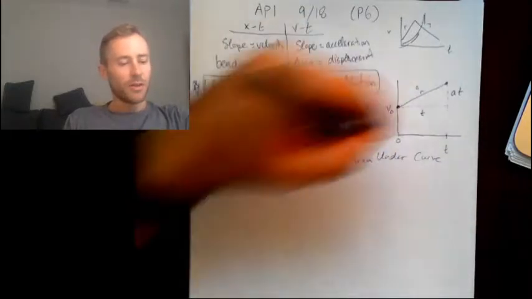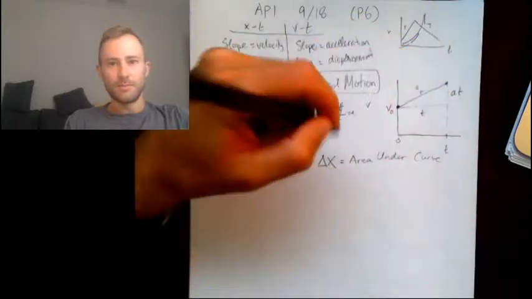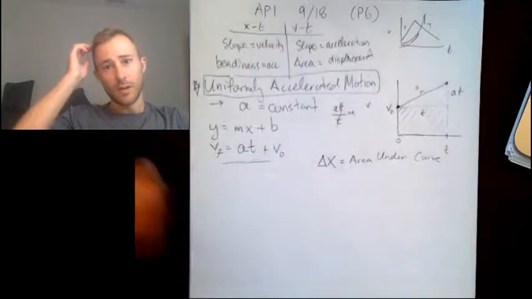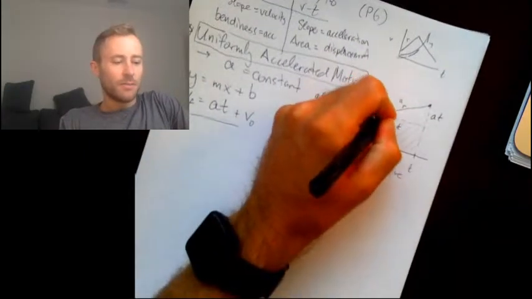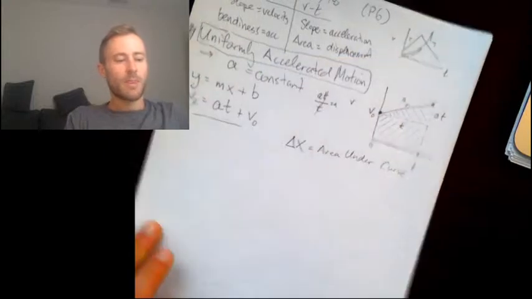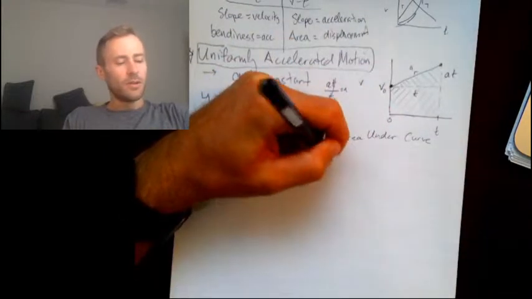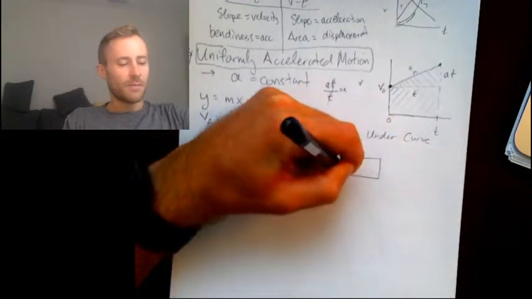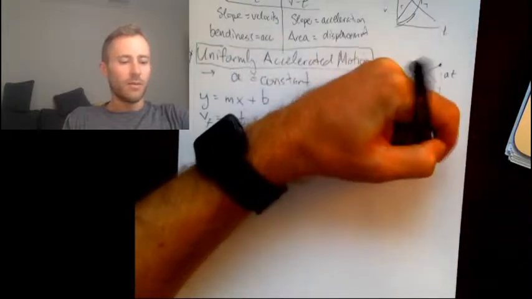I'm going to think about the area as a rectangle, this rectangle, and then this triangle. So the displacement is equal to the area of the rectangle plus the area of the triangle.